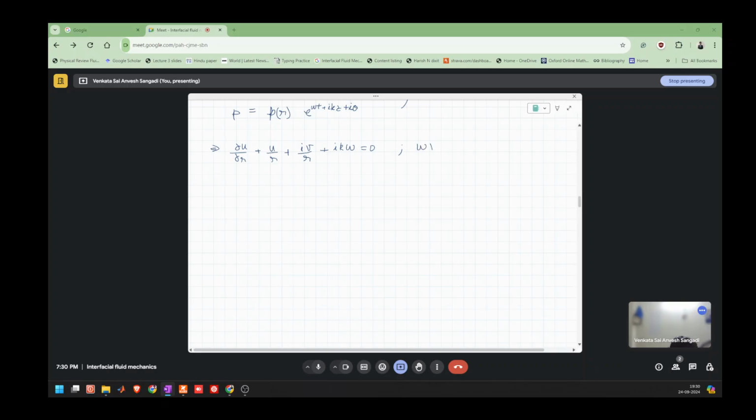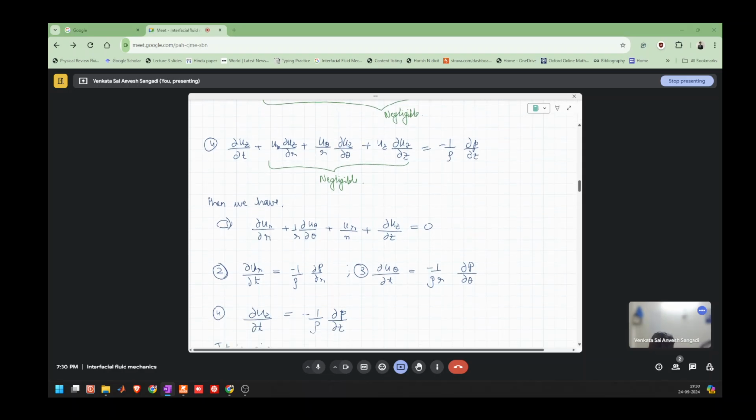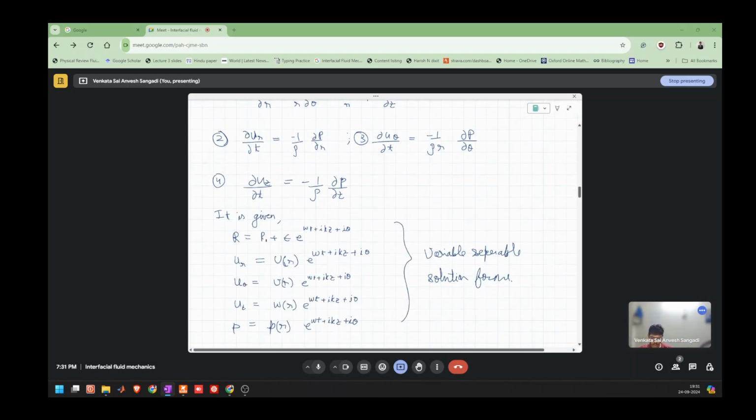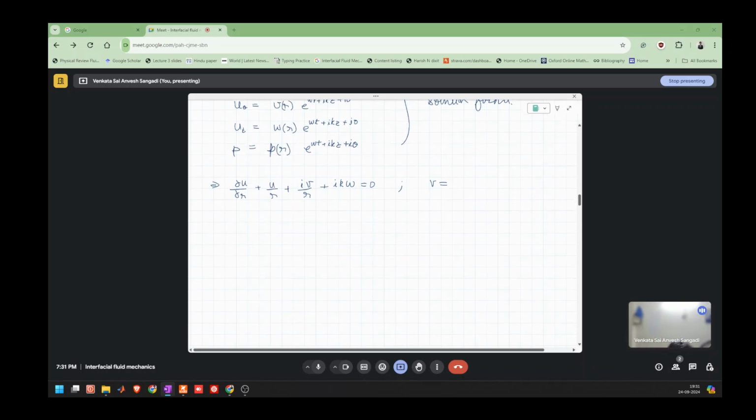Then, substituting into the momentum equations, we have omega v is equal to minus 1 by rho times 1 by r times i p.